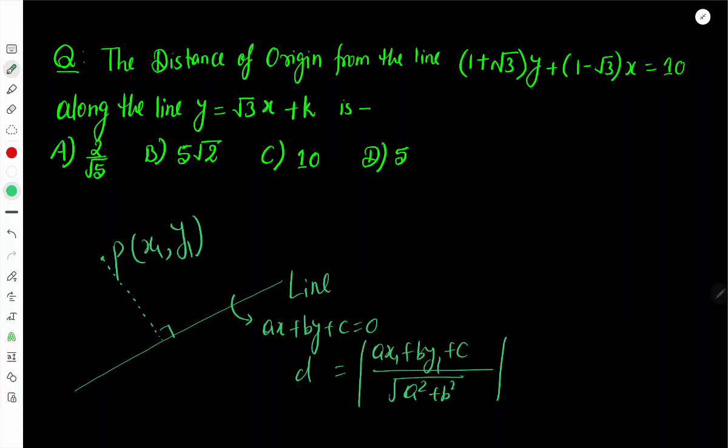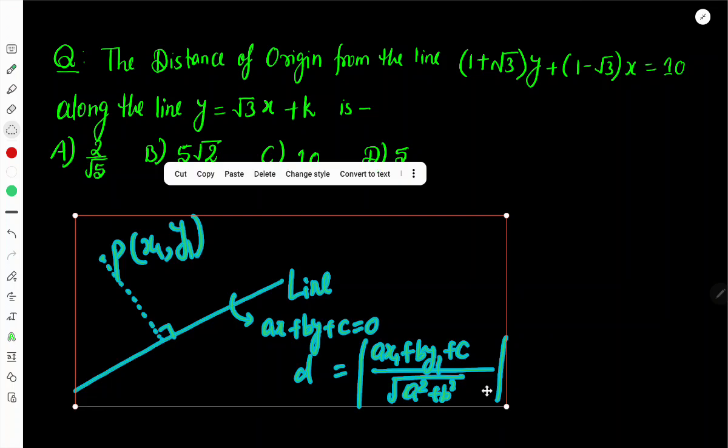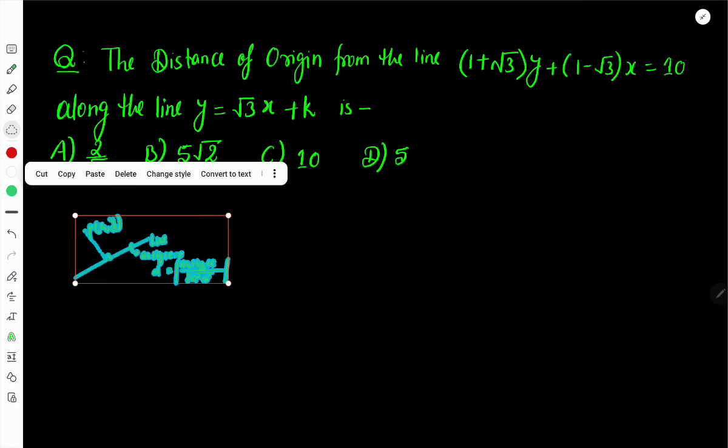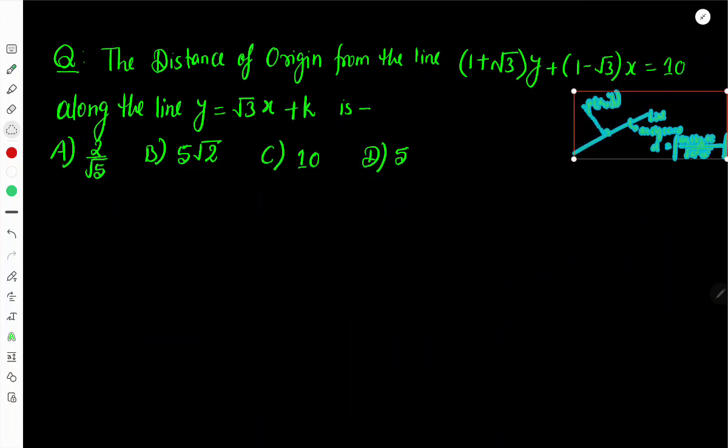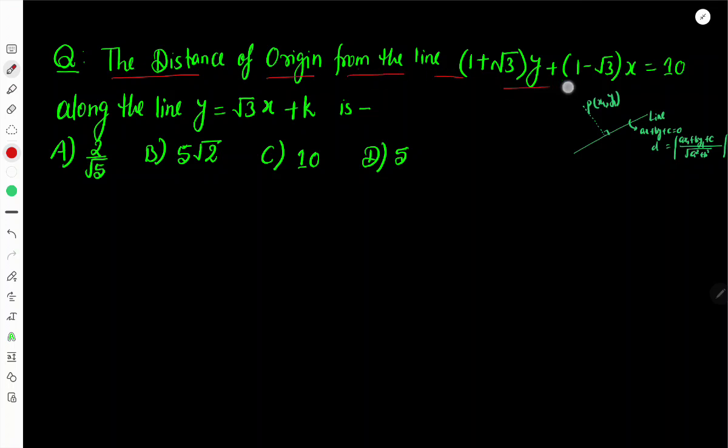But here the situation is something different. Let's try to read the question, and after that we'll conclude what it is asking. The question says the distance of the origin from the line, along the line. It is not directly saying the distance of the origin from this line.